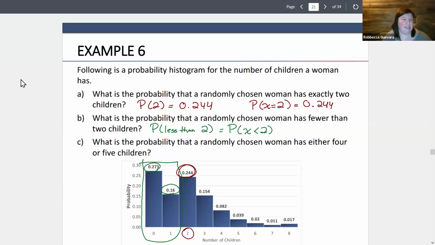Sometimes instead of just writing words or a number, we might put a little equation or inequality. So less than 2 is going to be 0.273 plus 0.16. So 3, 6, 7, that's 13, 2, 3, 4. That is going to be 0.433.